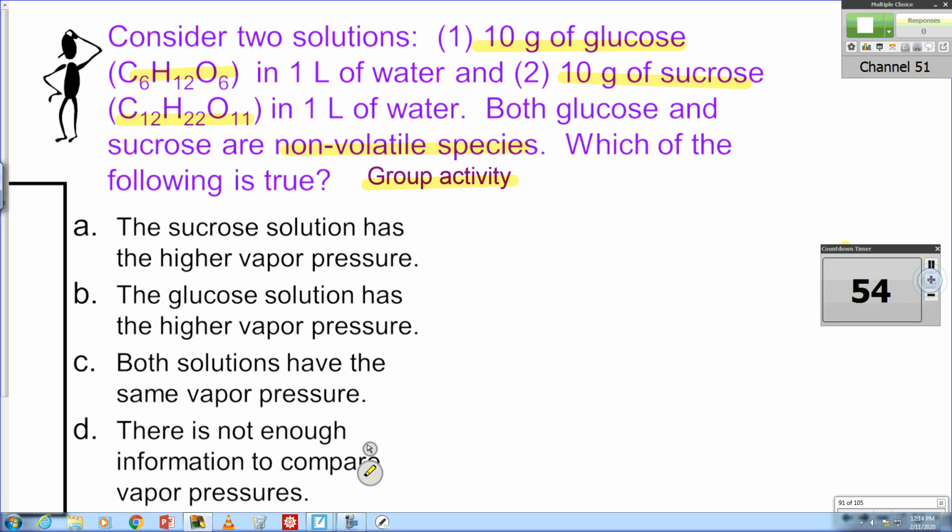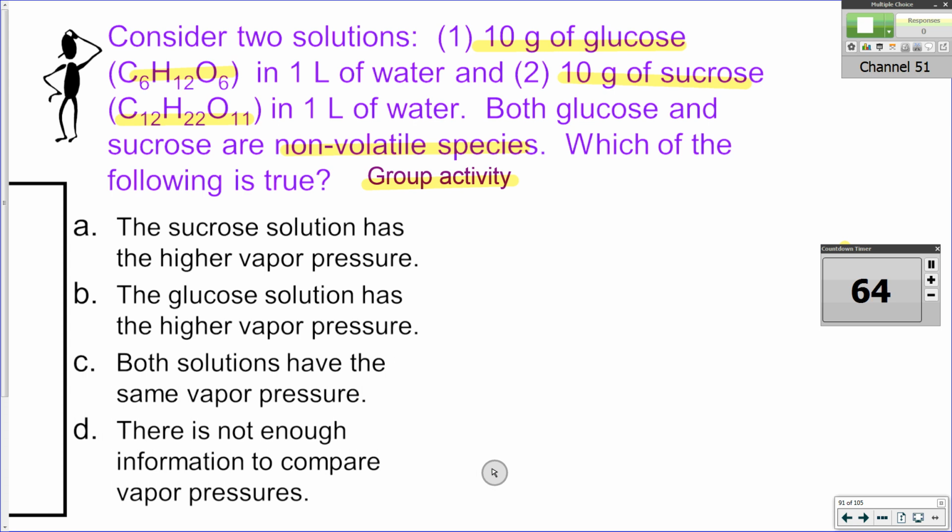I guess it'll be the... But I thought that had to do with... it's either going to be A or B. Right. That makes sense.